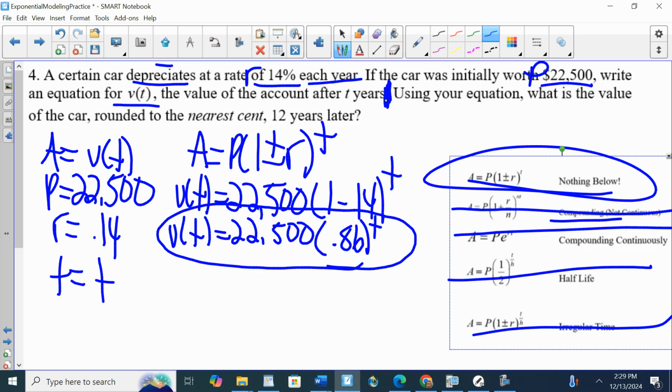When they ask you for an equation, write an equation. Using your equation, what is the value of the car 12 years later? Well, that's t.